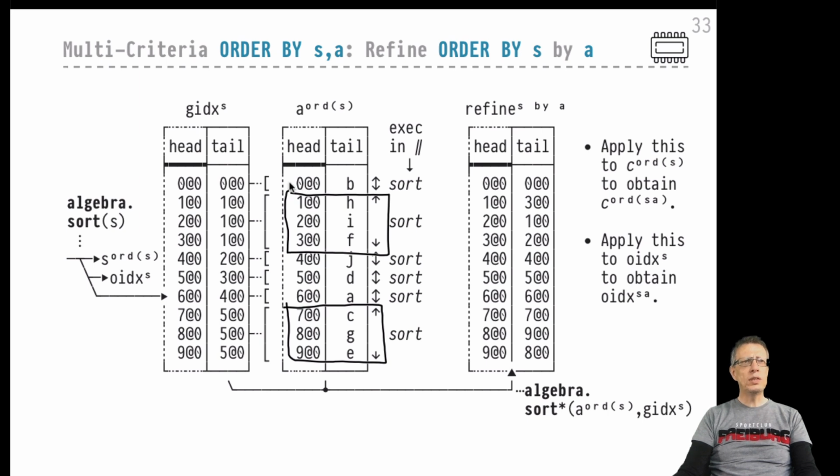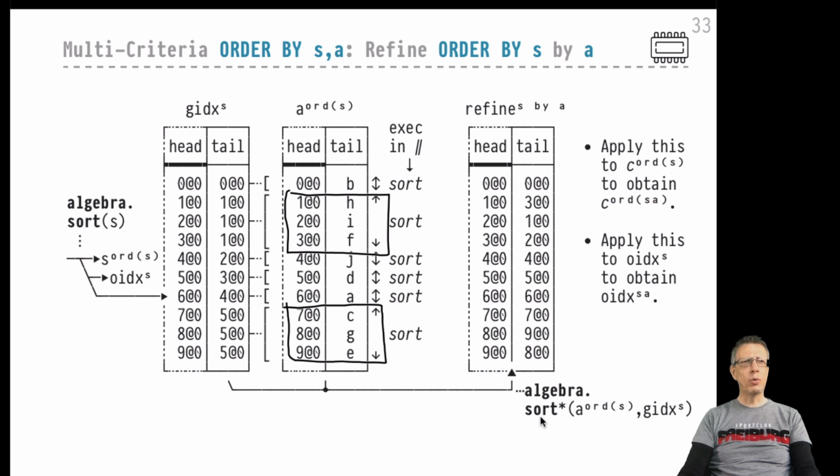There are no repeating values to be considered for this value A. All of these are okay. There's no sorting to be done, but some resorting is to be done inside these indicated repeating groups. And this resorting, this refinement inside these repeating groups, is performed by this algebra.sort star operation.